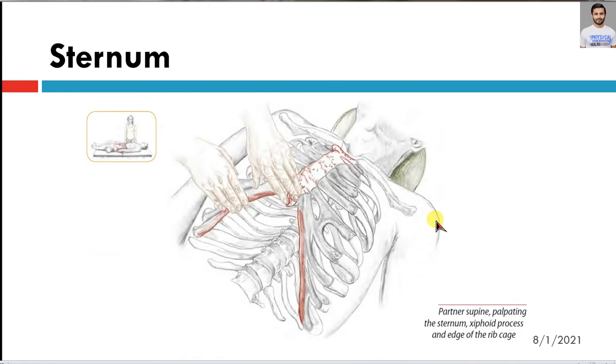Then we can move to the front, and first you can find the xiphoid process, and from the xiphoid process, if you move up, you will find the body of the sternum, and then from the top between the clavicles you will find the jugular notch. The sternomanubrial angle is a bit protruded part of this region, so we call it the sternocostal angle or sternomanubrial angle, and it is the site where the second rib is attached.